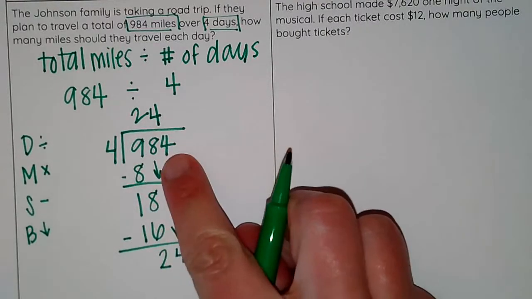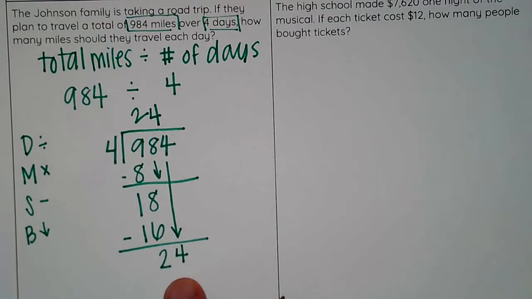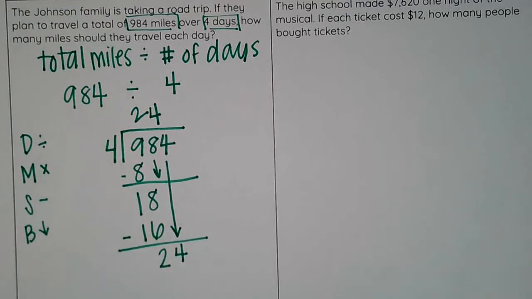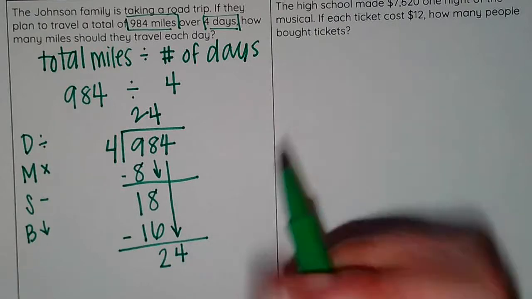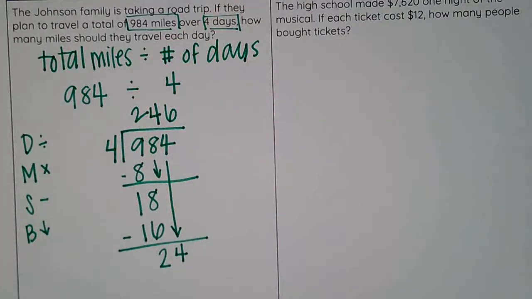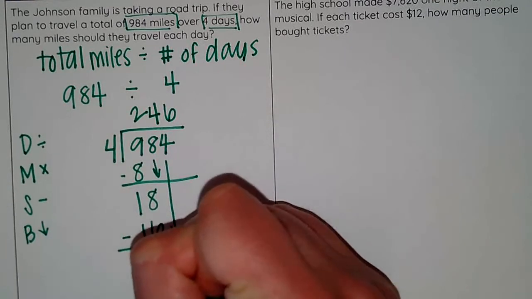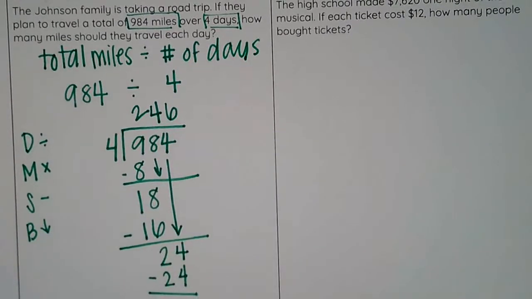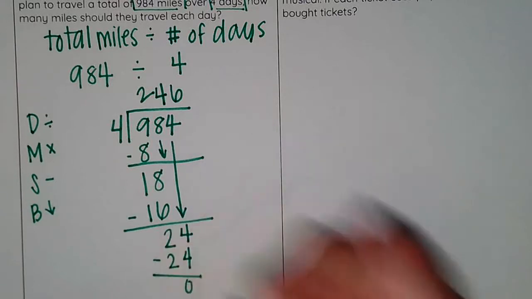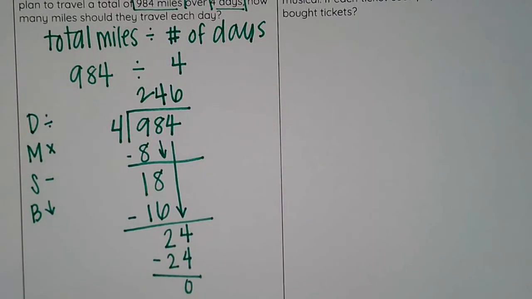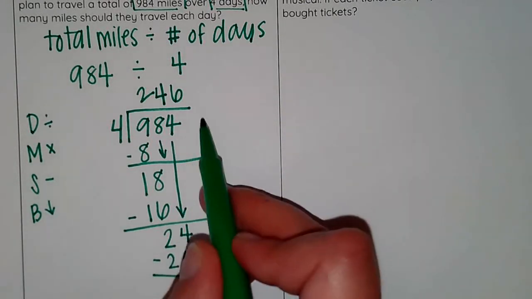There's still stuff to bring down, and I'm not yet at a remainder of 0, so I keep going. I go back to the top and divide. How many times does 4 go into 24? 6. Multiply 4 times 6, which will get me 24. Subtract, getting me 0. Now, bring down. There is nothing left that I must bring down.